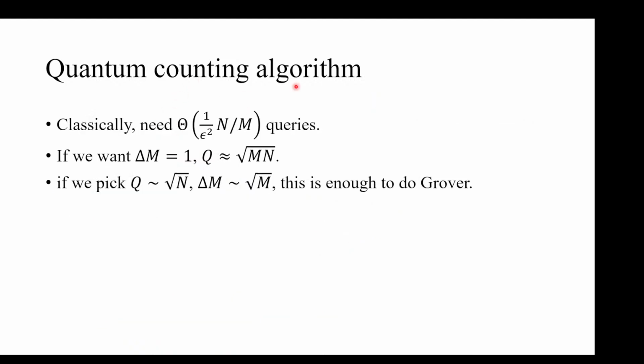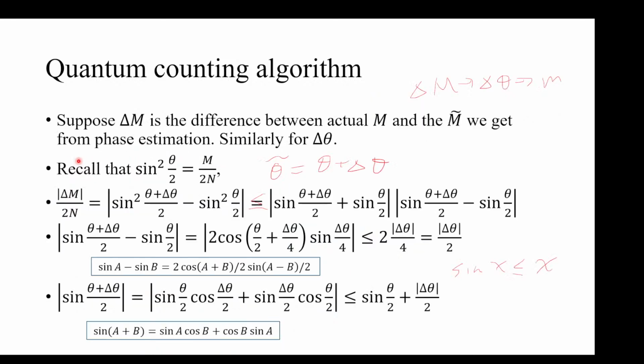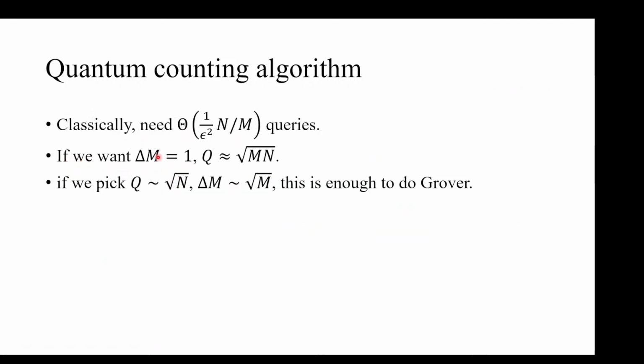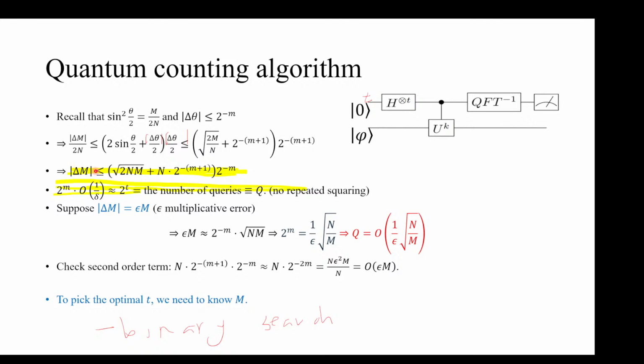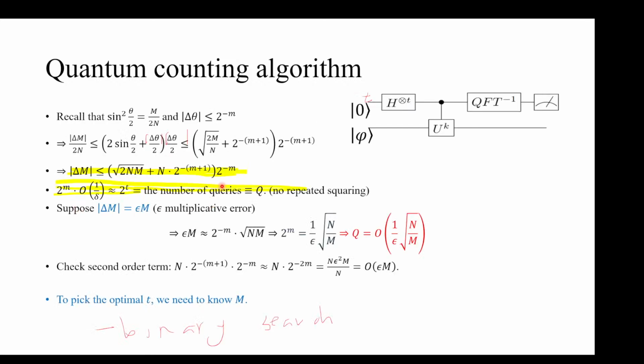For another case, suppose you want delta m equal to 1, so you want basically exact counting of your output number. So not approximate counting anymore. You want m to be accurate up to just 1. Then you want this thing to be 1, so your 2 to the minus n should be order 1 over square root n.